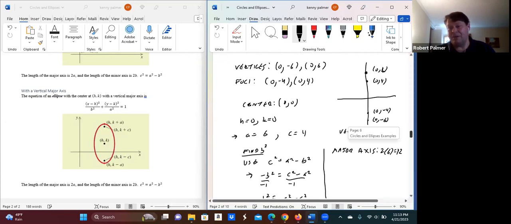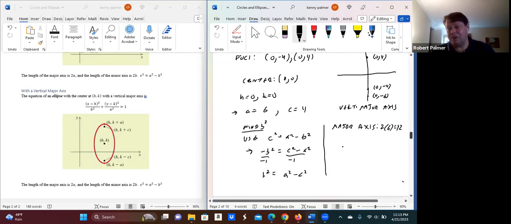You can see that from positive 6 to negative 6. Then the minor axis is going to be 2 times the square root of 20, which you can approximate if you want.